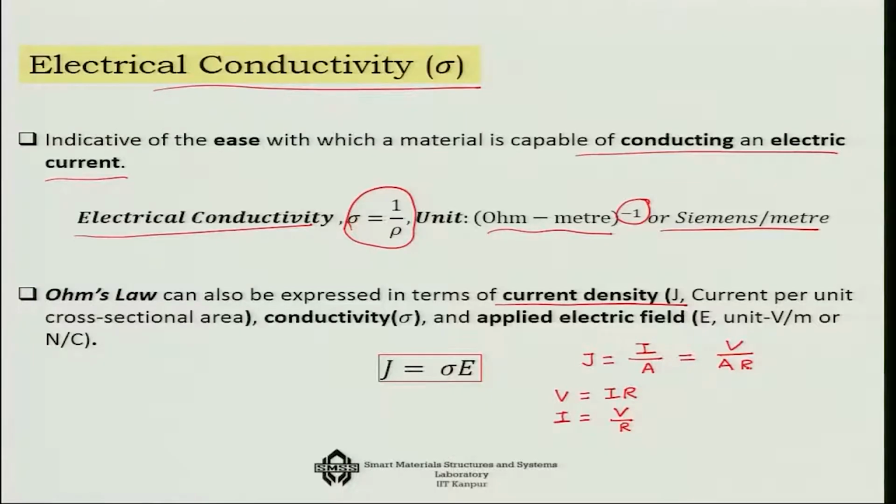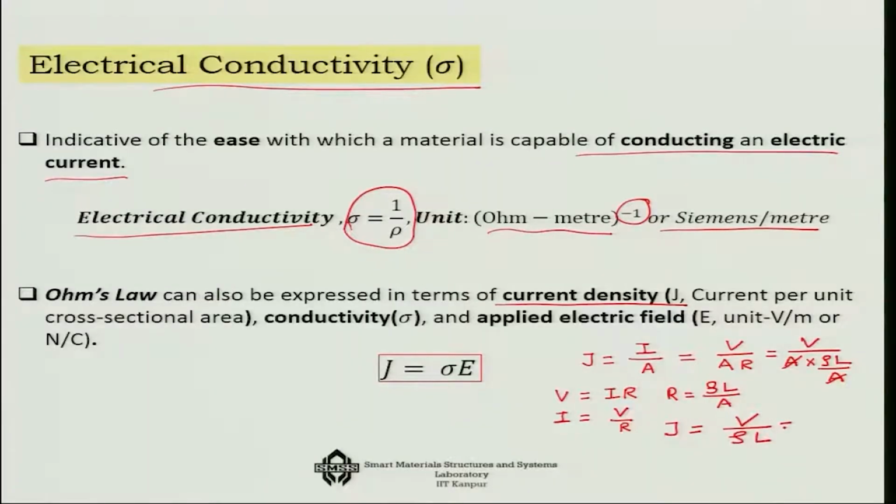Also, I can write R in terms of resistivity, which is rho, times L divided by the cross-sectional area A. So, if I substitute this expression here, I am going to get V over A times rho L over A. I can cancel area and area. As a result, I am getting J equals V over rho L.